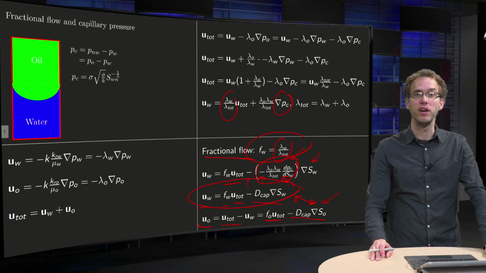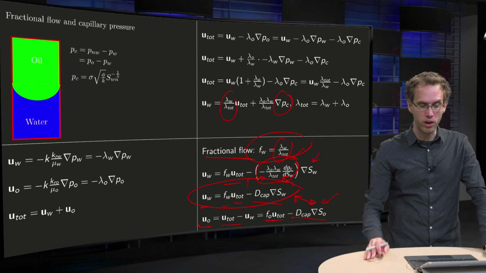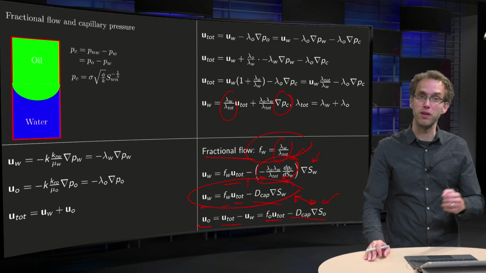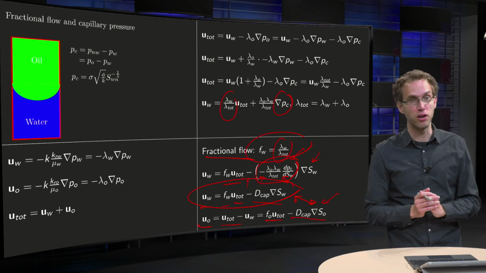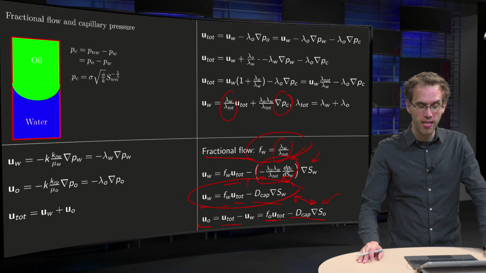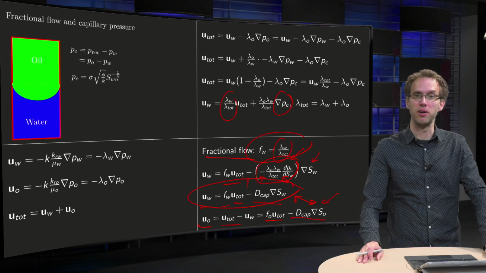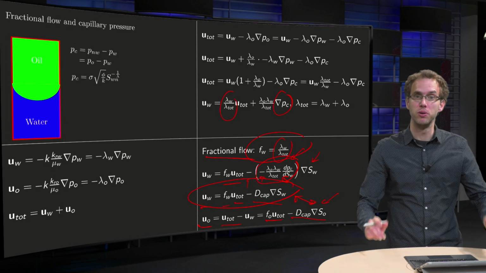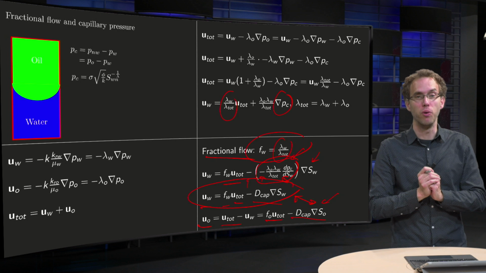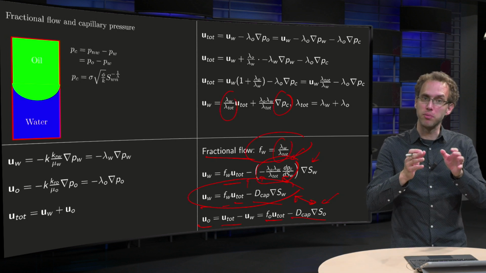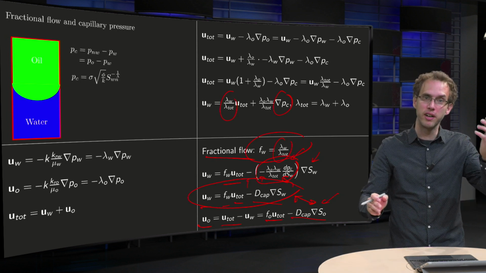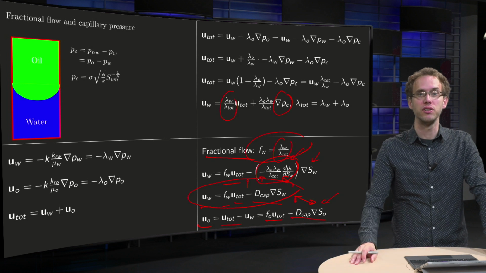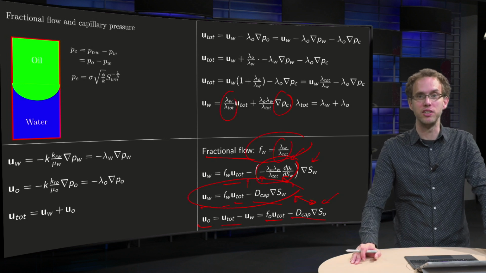You can express the oil velocity in terms of a fractional flow function and the gradient of SO. So this is how you can use your capillary pressure to express your water velocity in terms of total velocity, fractional flow, and capillary diffusion. And that's what we are going to use in our mass balances later on.